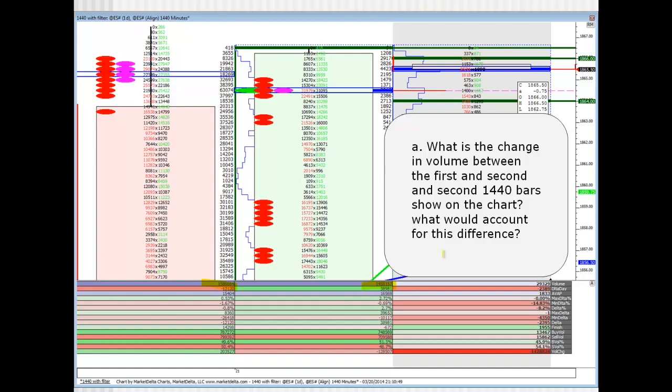The key question then becomes, what would account for this difference? Obviously, there is a difference. There's a difference of some 150,000 or so between the two, and in a 24-hour period, that really is not a terribly significant difference, but it is a difference. What would account for it is really the interest of the participants in the market.